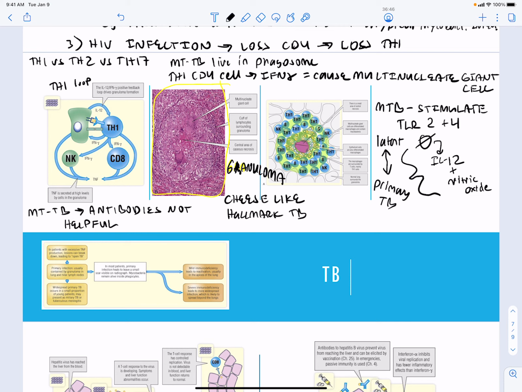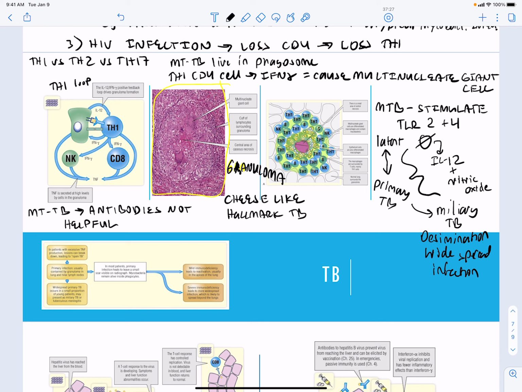And reactivation can go back to primary or miliary TB, which means you have dissemination and widespread infection. Dissemination means that the bacterium gets into the blood and it moves throughout the whole entire body. In a primary, usually it gets contained. In miliary, it's harder to contain, and usually that's associated with some sort of underlying condition, whether it's HIV, immune suppressive drugs, cancer, or something else. There's something else driving that.